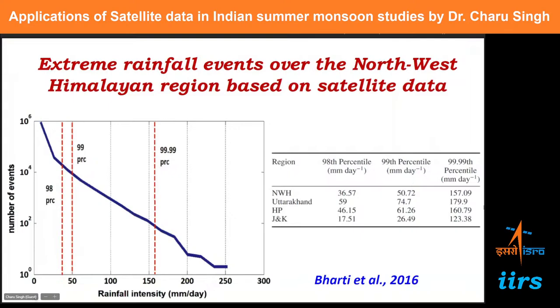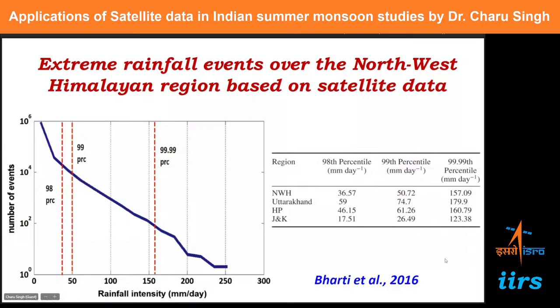So here, if we compute these thresholds corresponding to high quantiles, we note that the Uttarakhand region is giving a high amount of rainfall corresponding to the 3 percentiles, whereas Himachal Pradesh is giving a lesser value. Jammu Kashmir is much lesser than that, and if we take the northwestern Himalayan region as a whole, we find a lesser amount of rainfall, lying at the 90th percentile, 99 or 99.99 percentile.